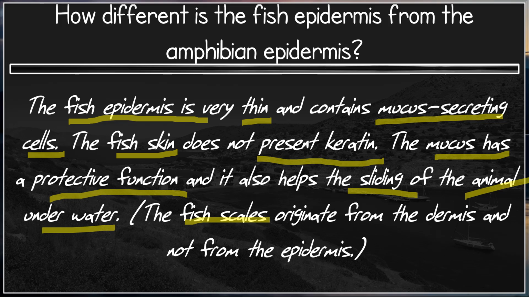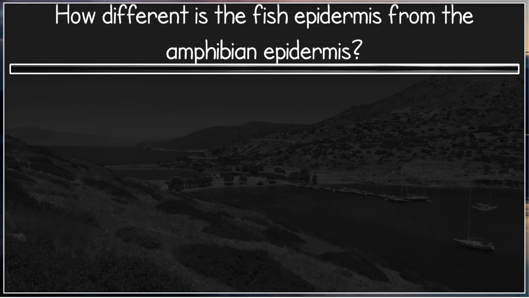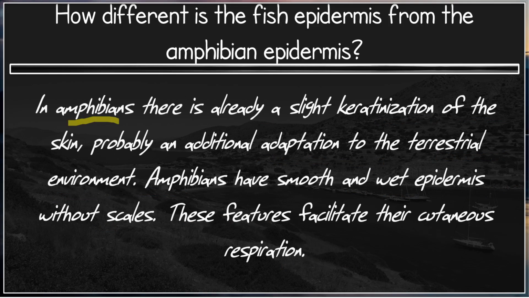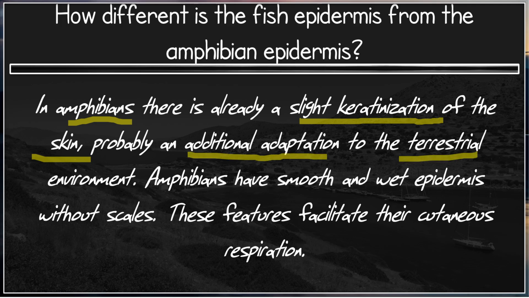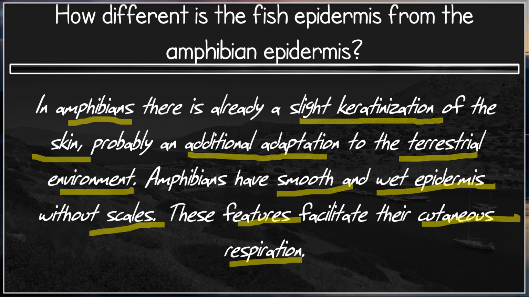Fish scales originate from the dermis and not from the epidermis. In amphibians, there is already slight keratinization of the skin, probably an additional adaptation to the terrestrial environment. Amphibians have smooth and wet epidermis without scales. These features facilitate their cutaneous respiration.